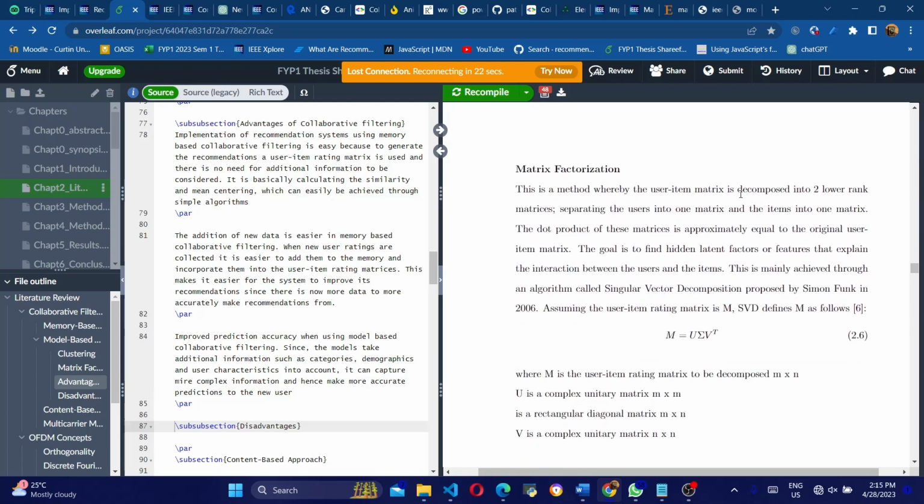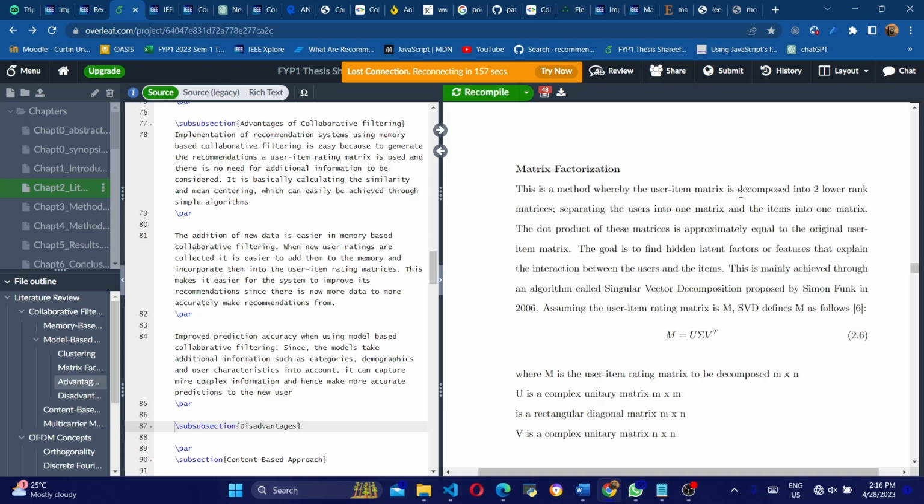Then we also have matrix factorization. Matrix factorization is whereby a user rating matrix, assuming the user rating matrix is M, is decomposed into two matrices, one which represents users and one which represents items.